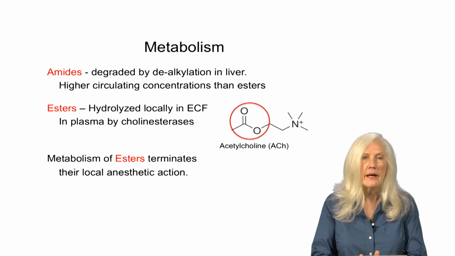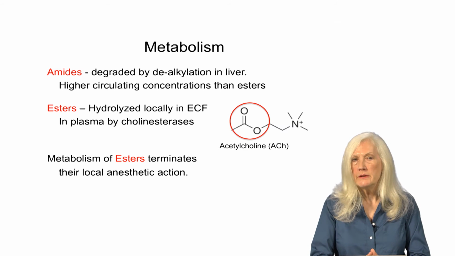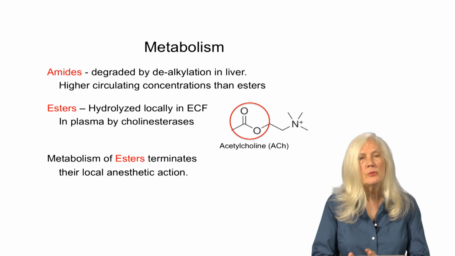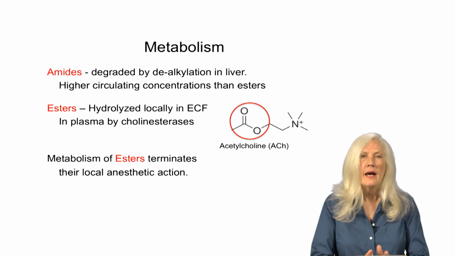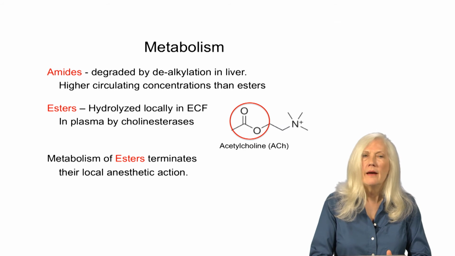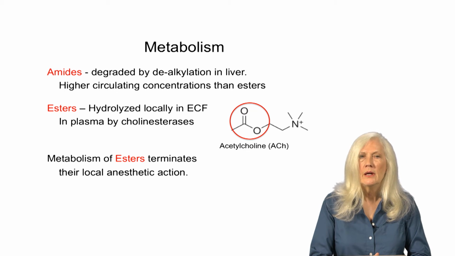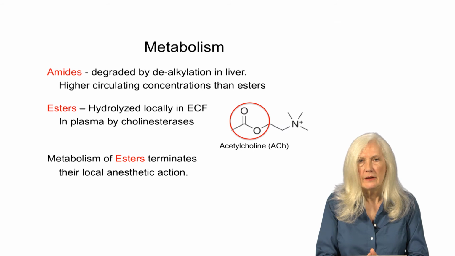Procaine and procainamide are great examples of the difference in duration of action between esters and amides based on their metabolic rate. Esters like procaine have a very short duration of action because they're metabolized rapidly.